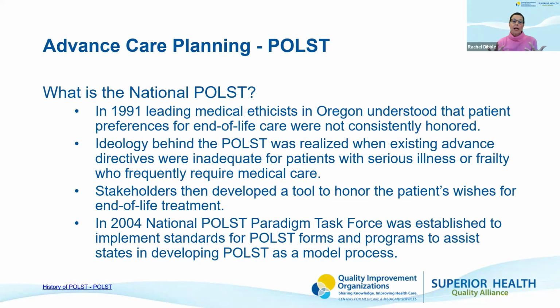So the thought behind building the POLST was, we realized existing advanced directives were inadequate for patients with serious illness or frailty who frequently require medical care. That's the graph slide before. So we have serious illness, chronic disease, frailty. We have the green line going down, but we don't know what the patient wants, so they're going in and out of the hospital.